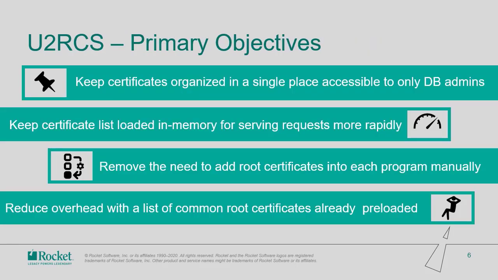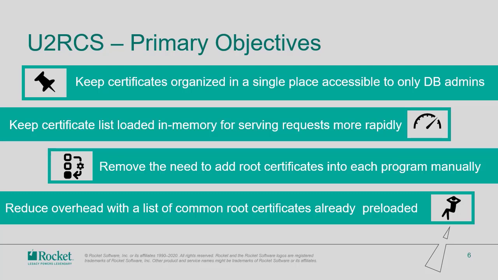requests. So the U2 databases really needed a way to manage a library of CA or root certificates, similar to how a web browser would function. The objectives there would be to keep certificates organized in a single place, accessible to only database admins, and keep that list loaded into memory for rapid use with requests.